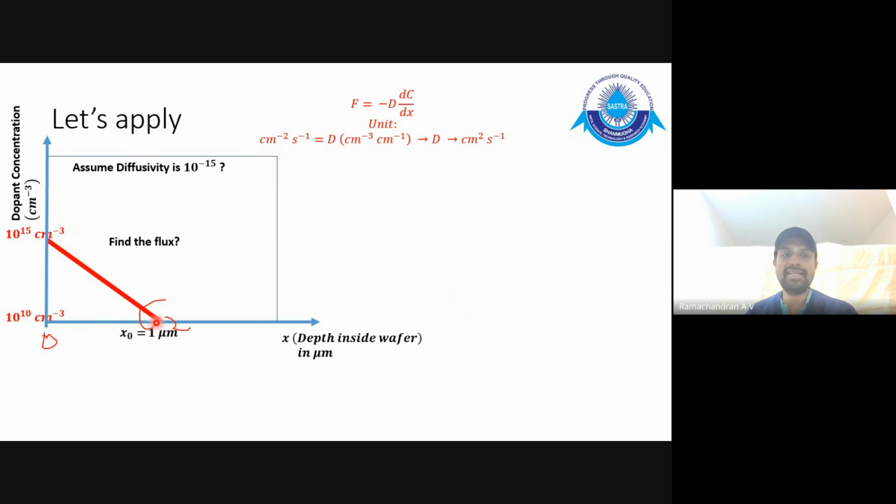See, dC by dx is C2 minus C1 by X2 minus X1. My question is, what is C2 here? What is C1? Guys, please interact. It's very difficult with an online class.